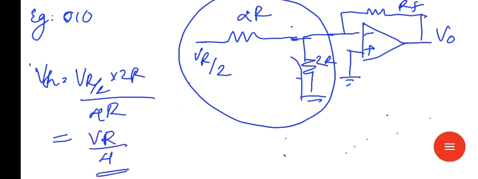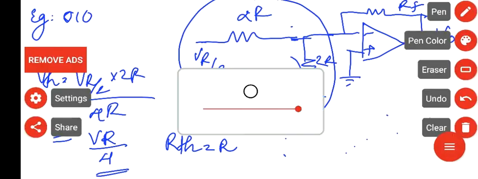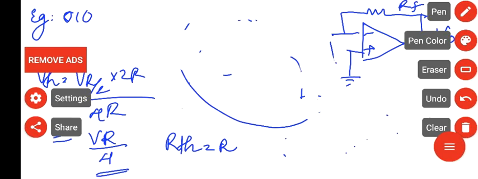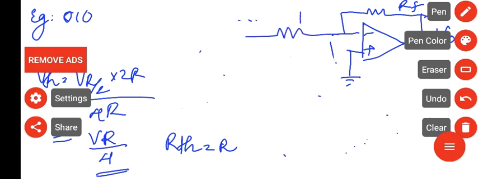And this 2R and 2R, then RTH is equal to R, since 2R and 2R in parallel is equal to R. So again replace this portion. We get resistance R and the voltage VR by 4. Okay.